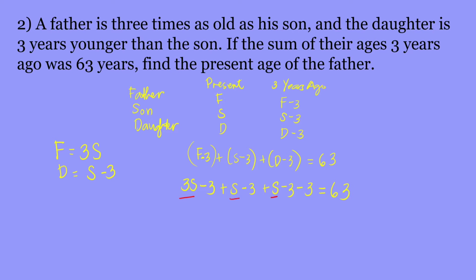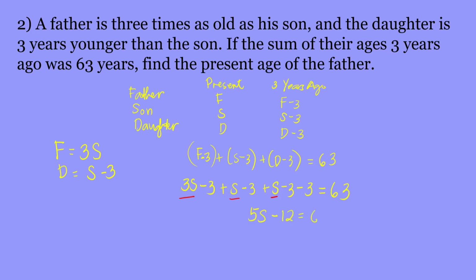Now, combining all these S variables, we have 3S plus S, 4S. 4S plus S, that will give us 5S. Alright? And then with the constants, negative 3, negative 3, negative 3, negative 3, there are actually 4 negative 3's. So that will give us negative 12.